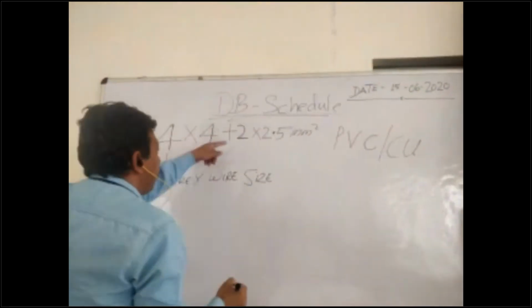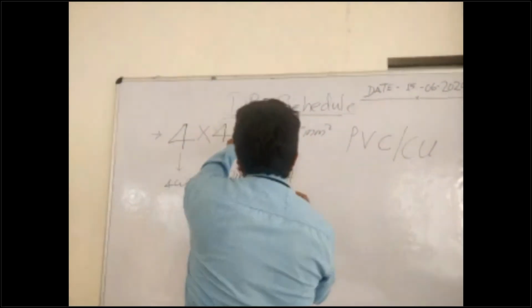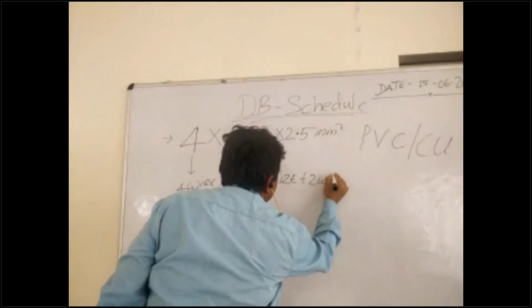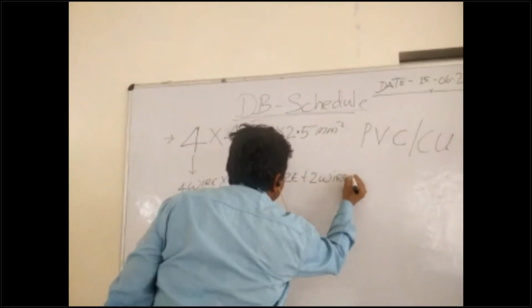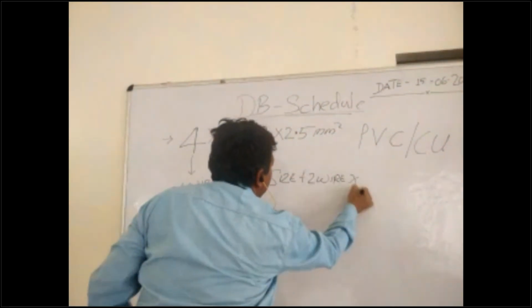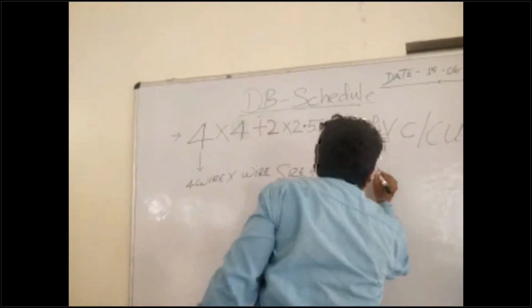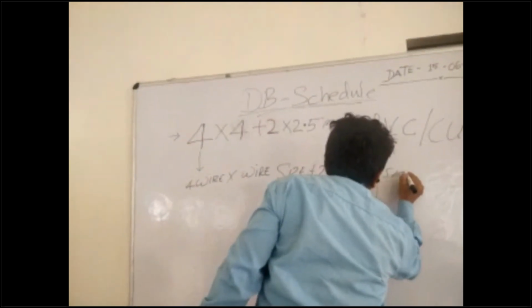Plus this 2 means again 2 wires, into 2.5 mm square, which means these 2 wires are 2.5 mm square.